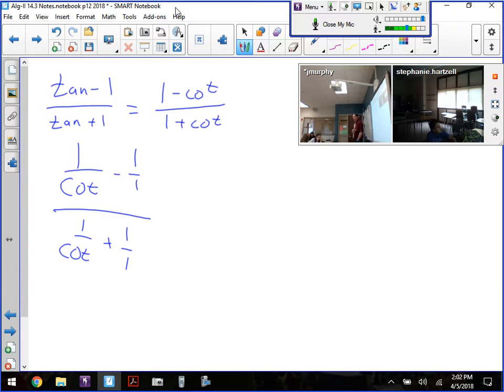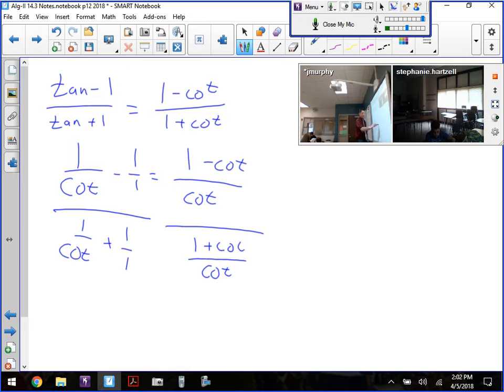Because when you get your common denominator now, what's it going to be between cotangent and 1? Cotangent. Fraction on the left has a cotangent. Fraction on the right needs a cotangent. See where I'm going with that? And it drops right away. Same deal with the denominator here. You have cotangent for your denominator. Fraction on the left has it. Fraction on the right doesn't.